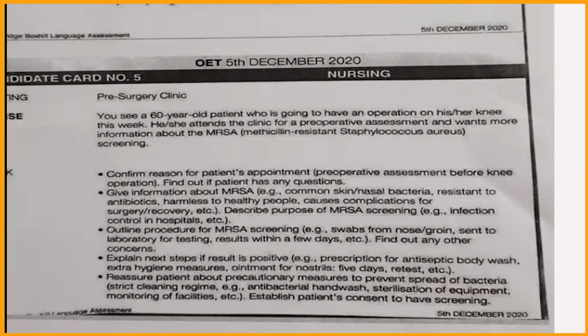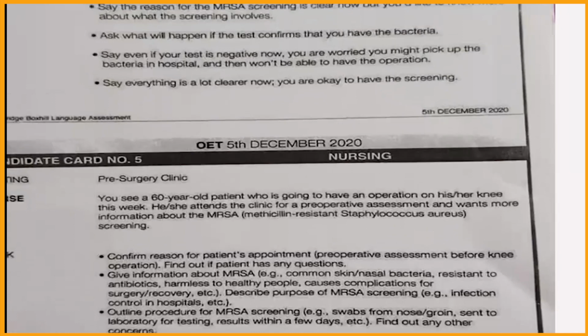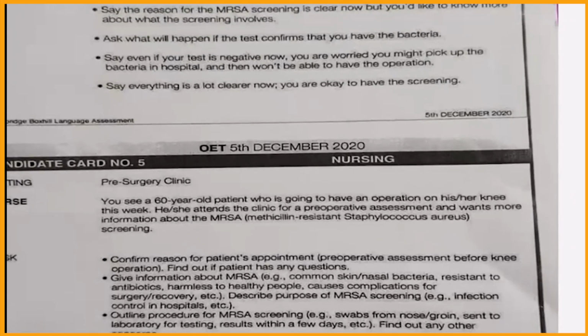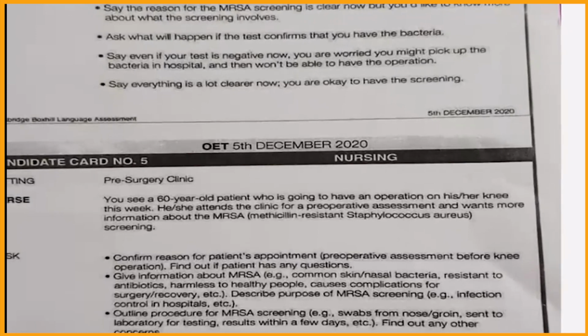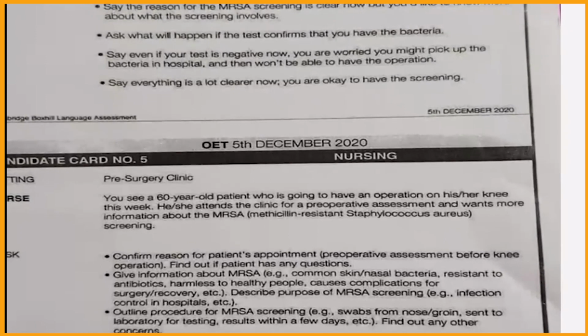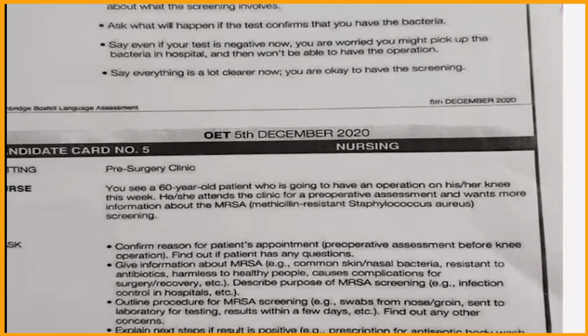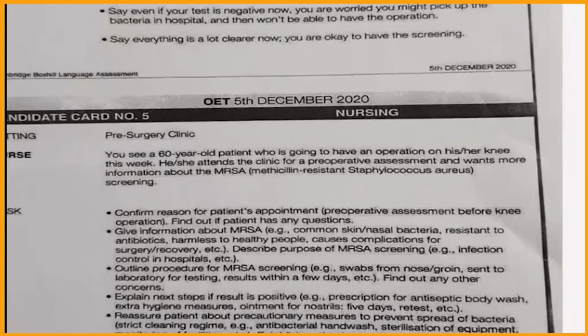Besides that, you will also be given an ointment for the nostrils to apply for around 5 days, after which you shall be retested. I hope it's clear for you, Anu. Well, then even if my test is negative now, I'm worried I might pick up the bacteria in the hospital. Then probably I will not be able to have the operation.